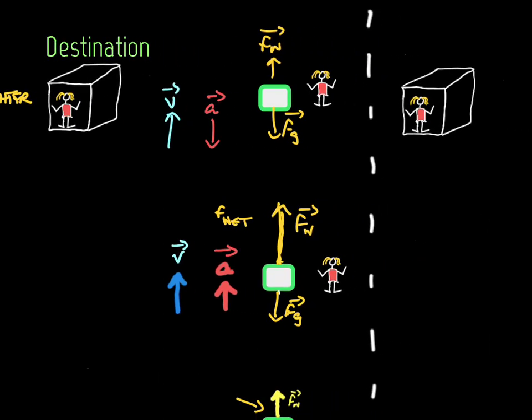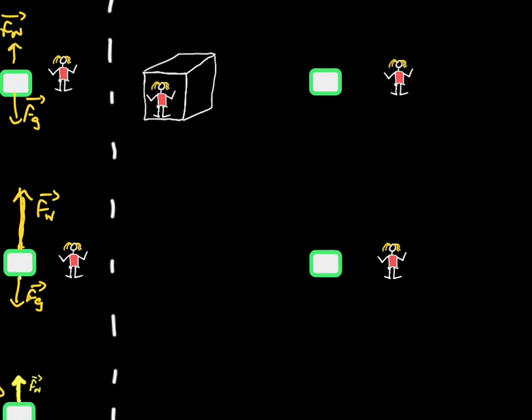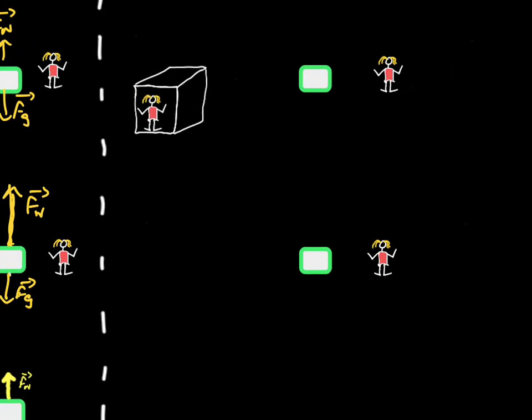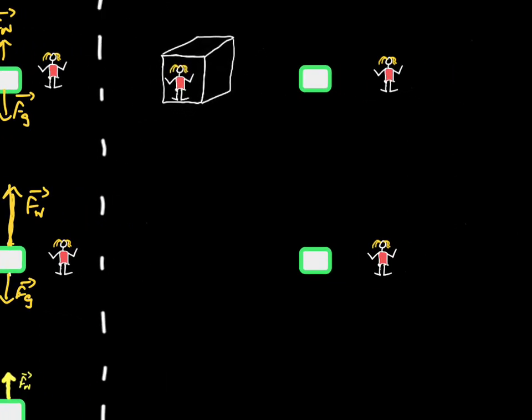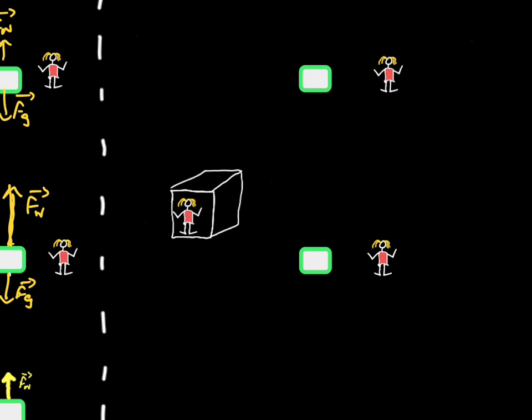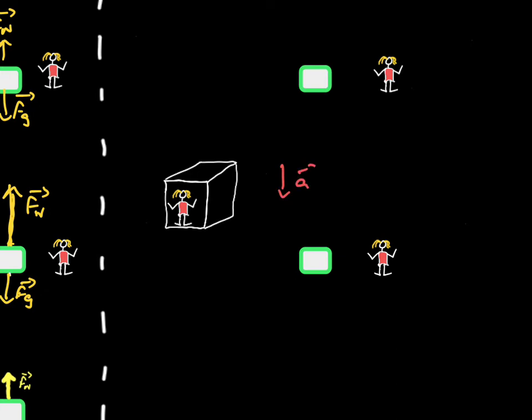Okay, so now we can go across and look at an example of where they're on their way down. Start from rest. Now they start accelerating. Again, if they're accelerating downwards, what that means is that there's going to be less of a force upward acting on the person. So the acceleration is going to be downward.